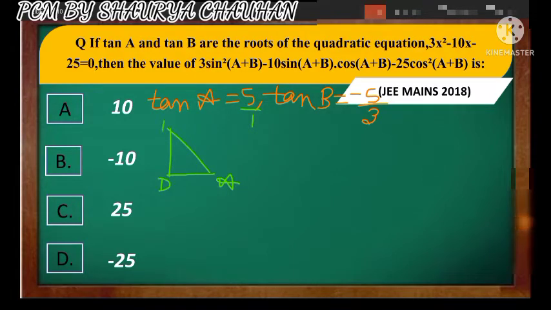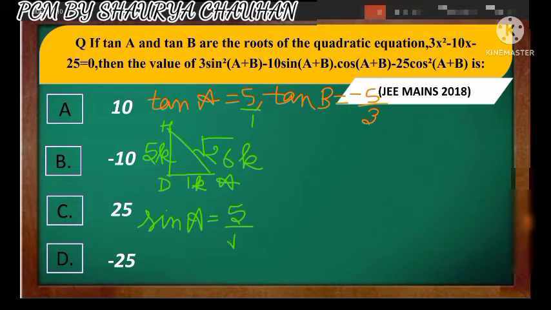So 10a is 5, so here is 5k upon 1k. And the hypotenuse will become root over 25 plus 1, which is root over 26. So the value of sin a is 5 by root 26 and the value of cos a is 1 by root 26. These are the values of sin a and cos a.